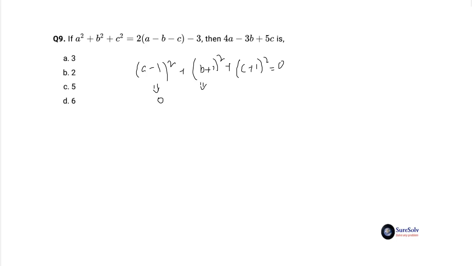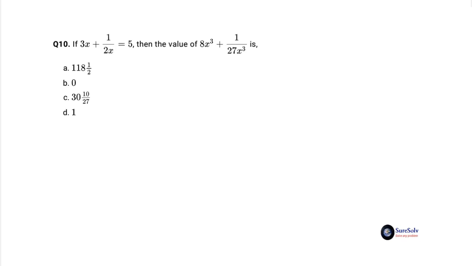This is an algebraic truth. So a equal to 1 and b equal to c equal to minus 1. Direct expression value is 4a minus 3b plus 5c equal to 4 plus 3 minus 5 equal to 2. Answer option B 2. Let's solve the last question.